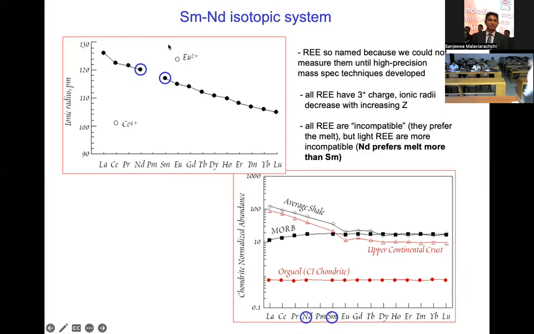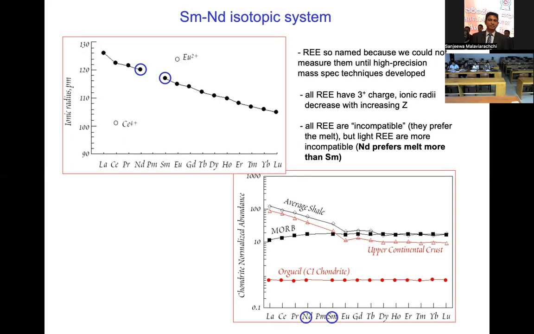Okay, we will start today with the samarium neodymium isotopic system. You can remember the rubidium strontium isotopic system we completed last week, and I told you that there is some kind of opposite behavior in samarium neodymium isotopic systematics.